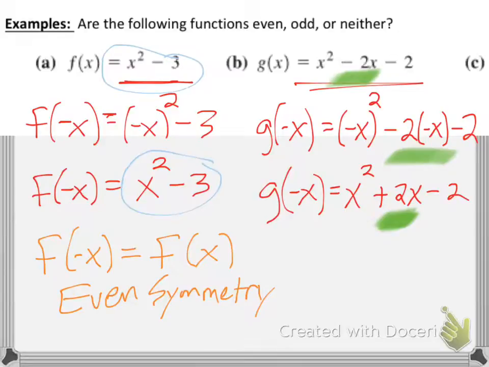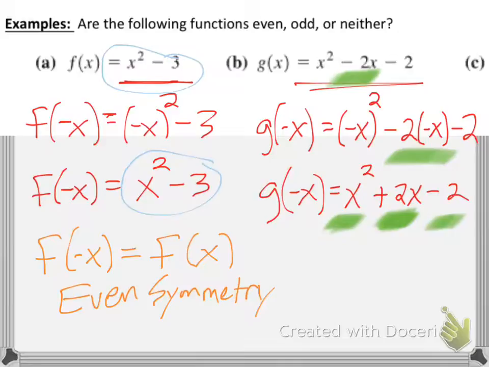If all three terms had changed sign, so instead it was negative x squared and a positive 2 at the end, that would be an indication of odd symmetry. If you put negative x in and you get out the opposite, all the things change sign, you call that odd symmetry. If it didn't stay the same or change all the signs, then we have neither.